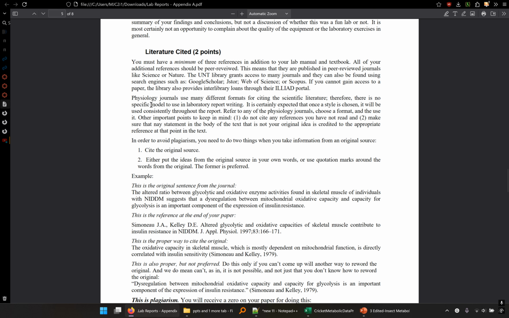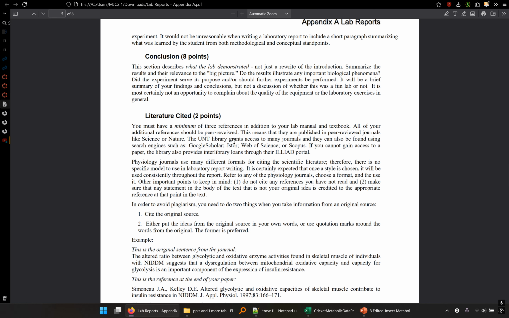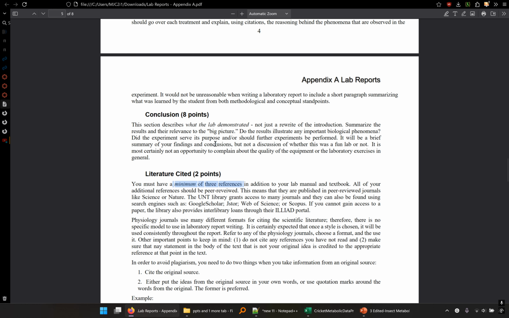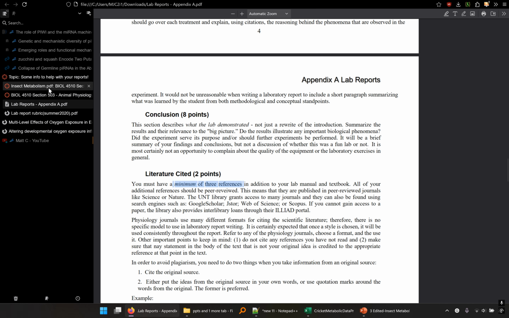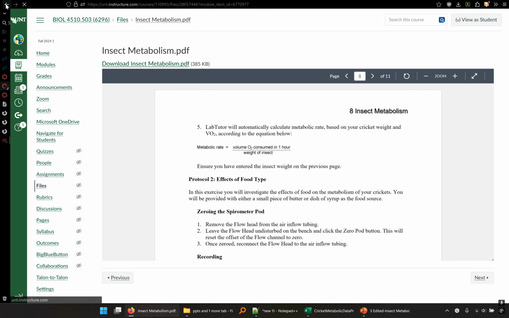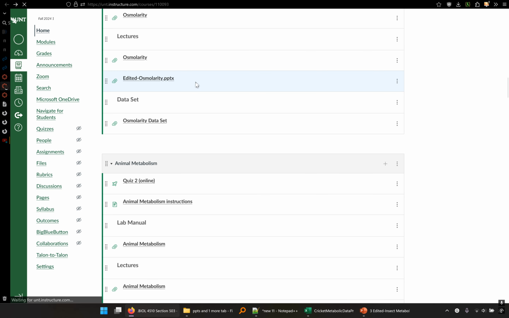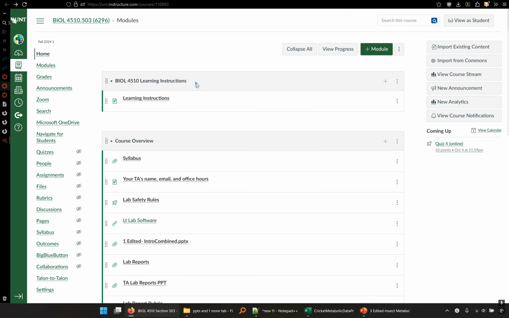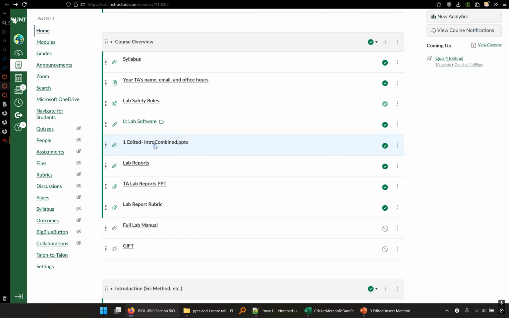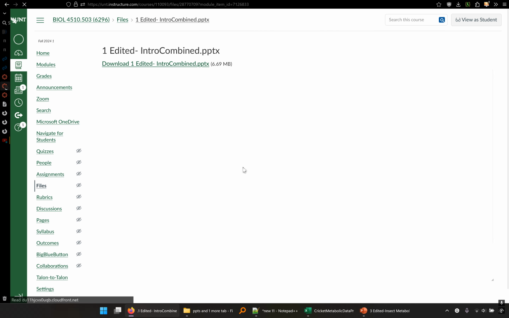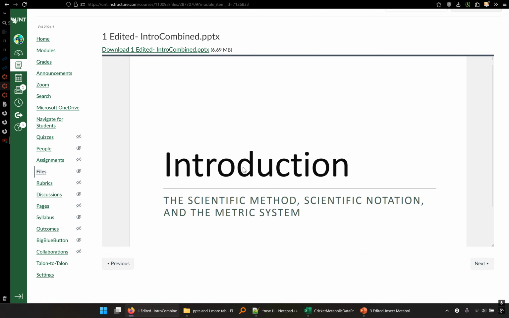I actually am producing a separate video on this, because actually observing these is very important for your literature cited, but you need to have 3 external references in addition to the lab manual. Within the introduction PowerPoints, I include an already formatted lab manual citation.